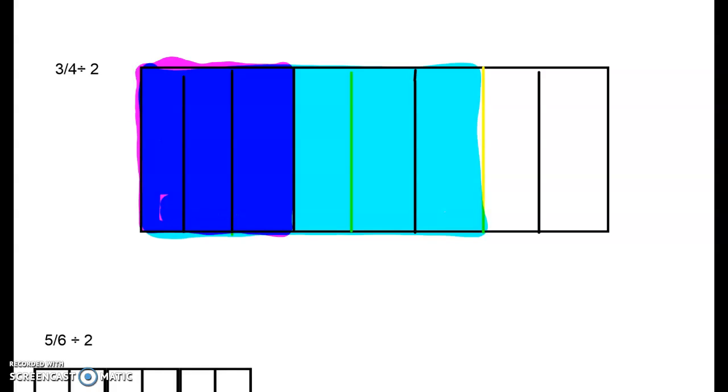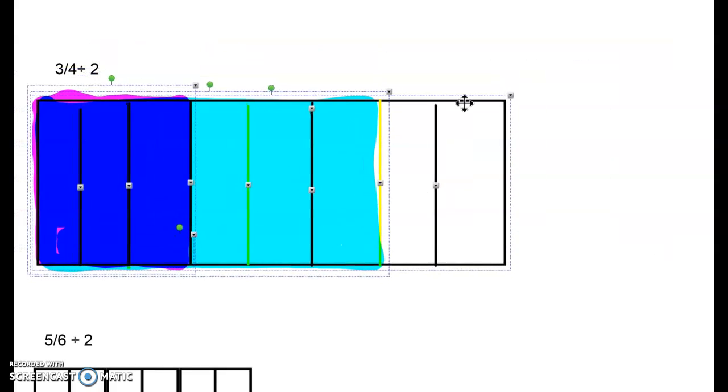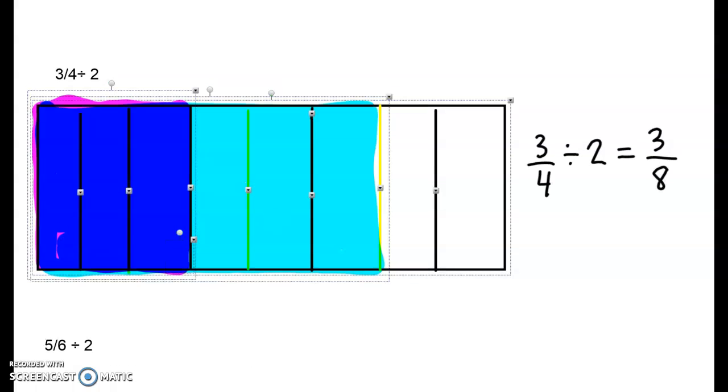All right, and so if I would write my work, I'm going to move this over a bit. That is 3/4 divided by 2 equals 1, 2, 3 dark blues out of 1, 2, 3, 4 out of 8.